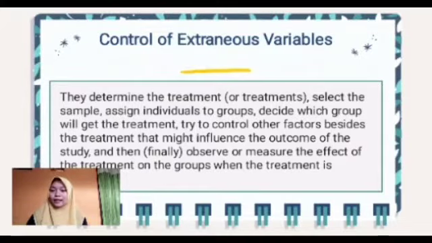Next, there is control of extraneous variables. The researcher determines the treatment, selects the sample, assigns individuals to groups, decides which group will get the treatment, tries to control other factors besides the treatment that might influence the outcomes of the study, and then observes or measures the effect of the treatment on the groups when the treatment is complete.